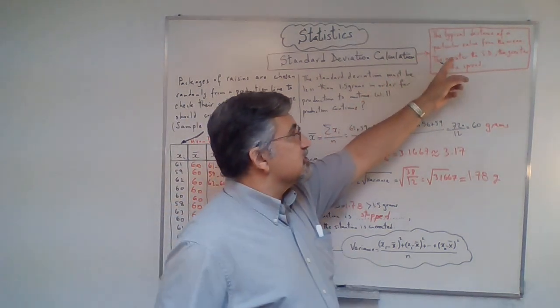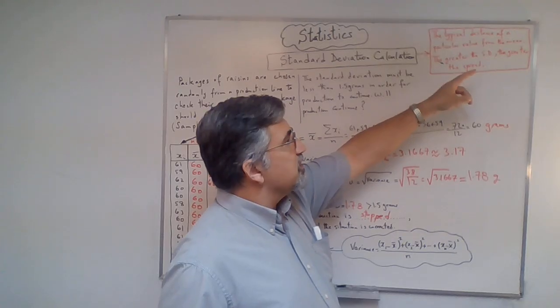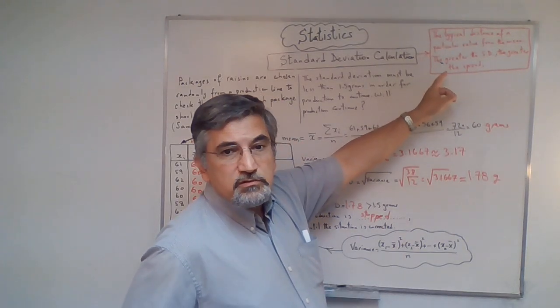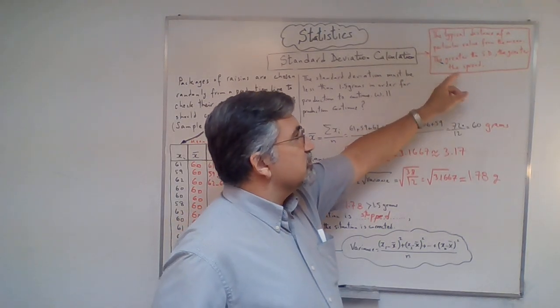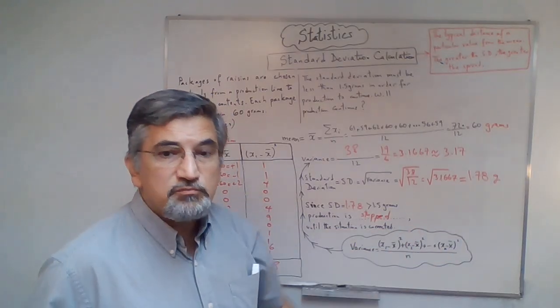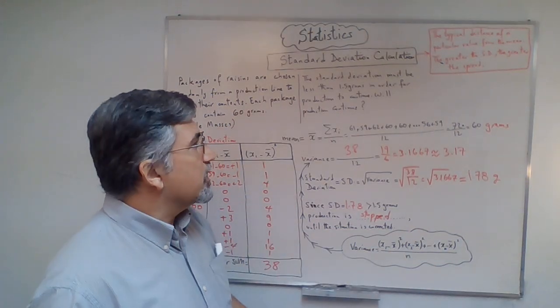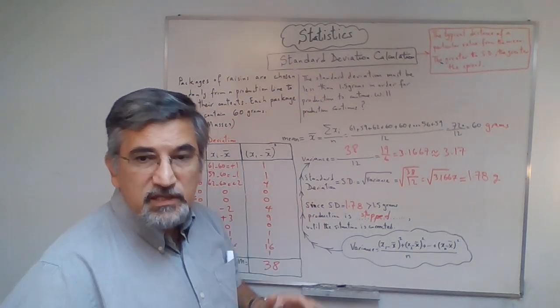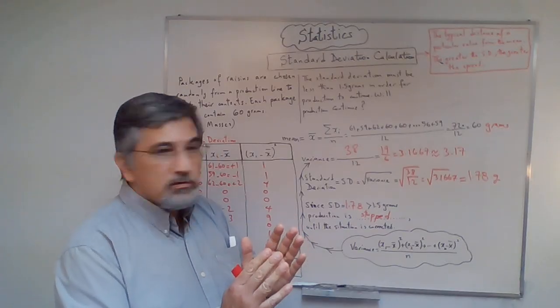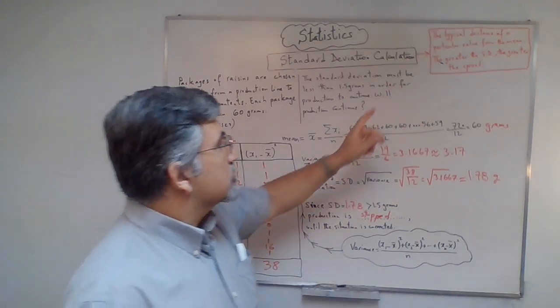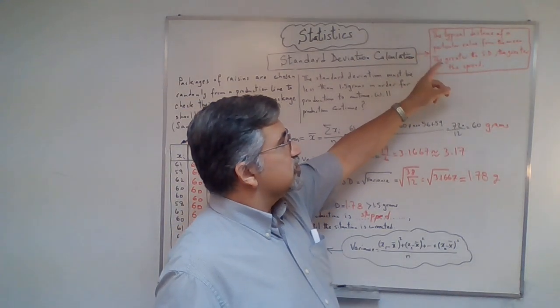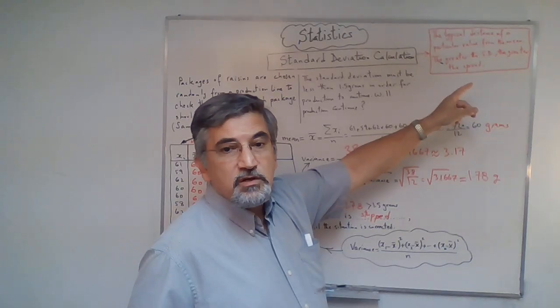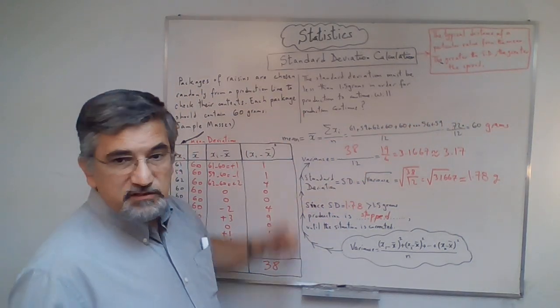The typical distance of a particular value from the mean is what we call standard deviation. The greater the standard deviation, the greater the spread of data. The smaller the standard deviation, the smaller the spread of data. So the typical distance of a particular value from the mean, that's the meaning of standard deviation.